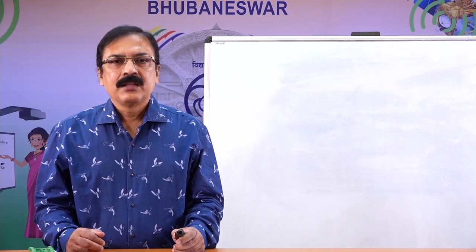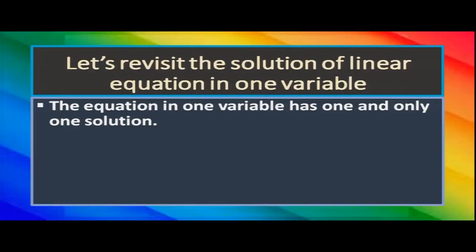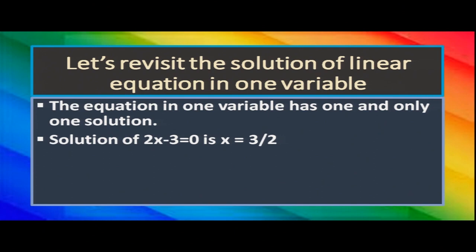Consider the equation in one variable has one and only one solution. We can see from this example, 2x minus 3 is equal to 0. Here the solution is x is equal to 3 by 2. That means if we put the value of x as 3 by 2, then the result will be 0.